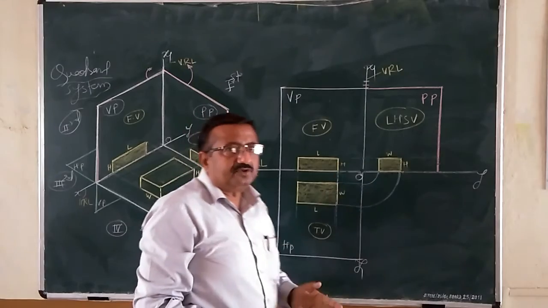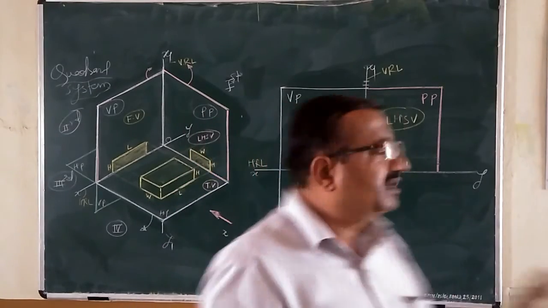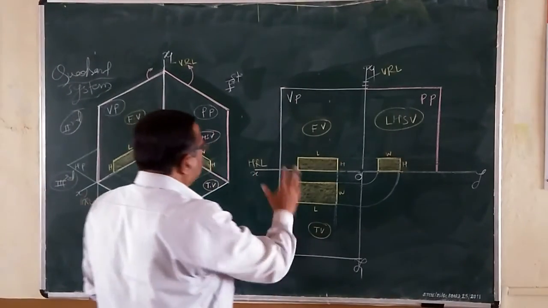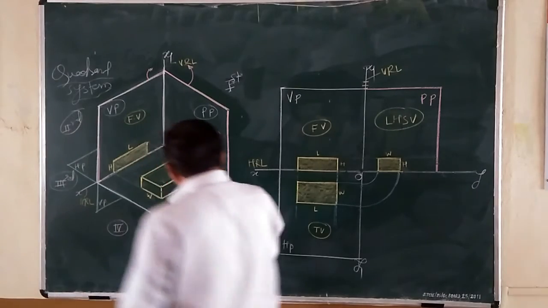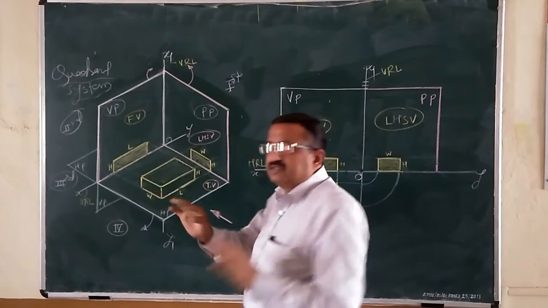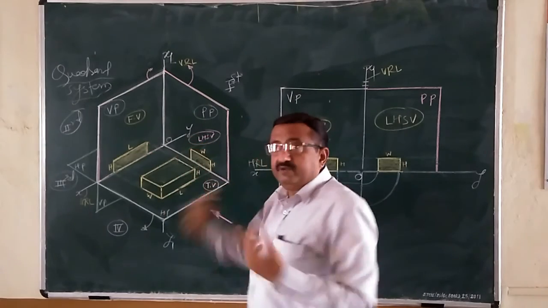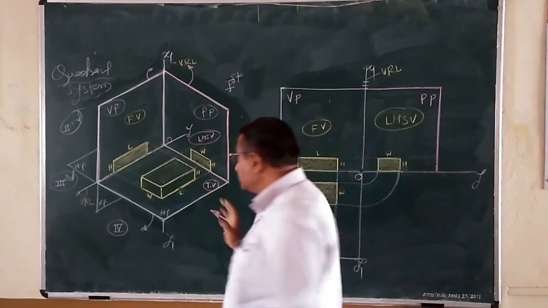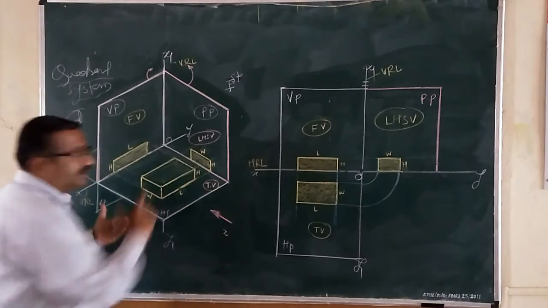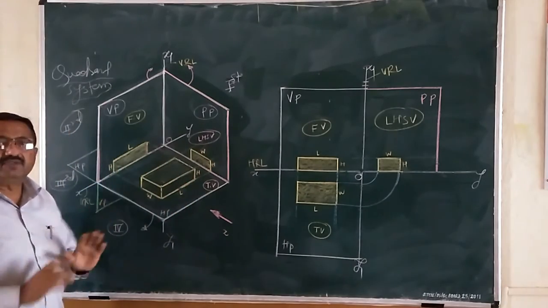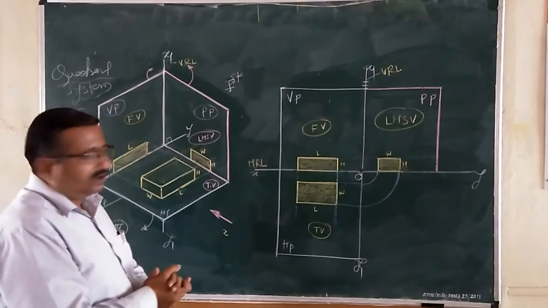These orthographic views are always two-dimensional views. Only two parameters are visible to us. In the direction of the front view, only length and height are visible. Width remains absent. Similarly, in the top view, length and width will be visible. Height remains absent. And in the case of the left hand side view, length remains absent. Only width and height are visible parameters to the observer.